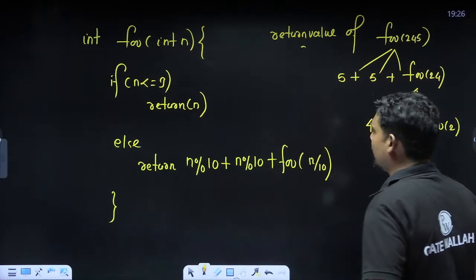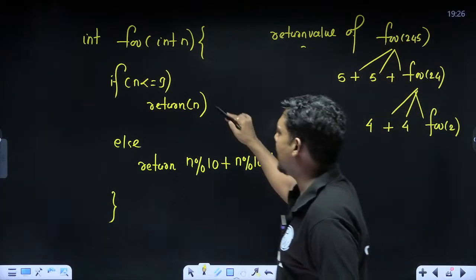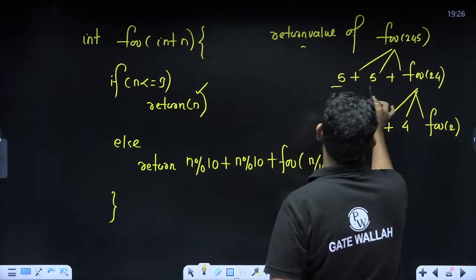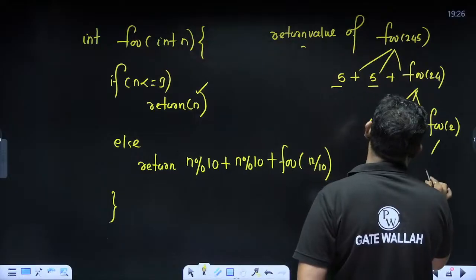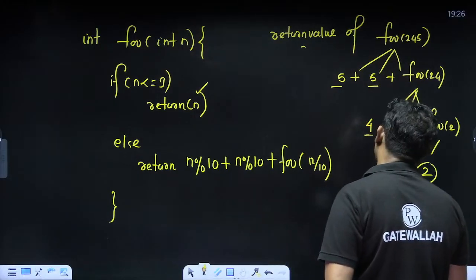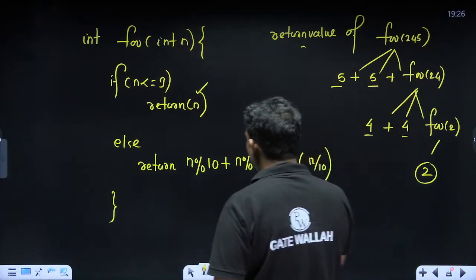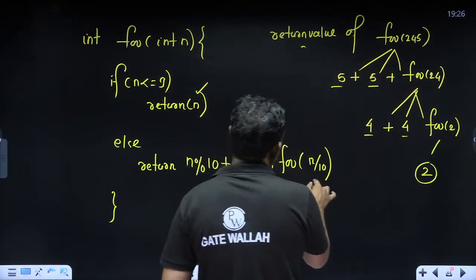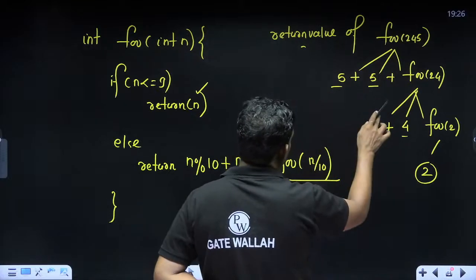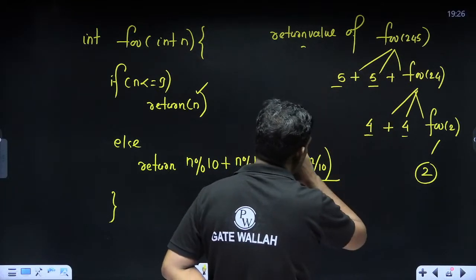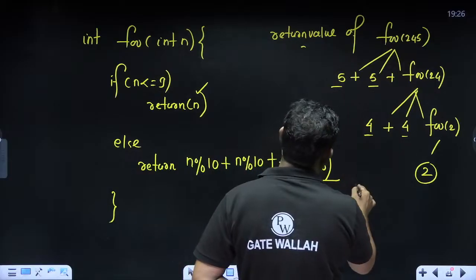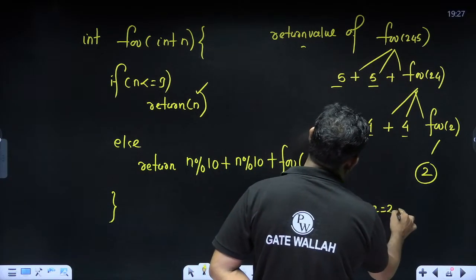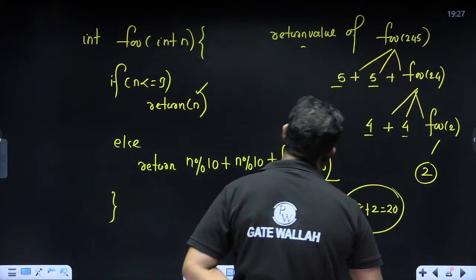When foo(2) is called, 2 is less than or equal to 9, so return n, which is 2. So here it will be 5 plus 5, 4 plus 4, and 2. My answer is 2 times modulo 10 and 1 time n divided by 10. So 5 plus 5 is 10, 10 plus 8 is 18, 18 plus 2 is 20.